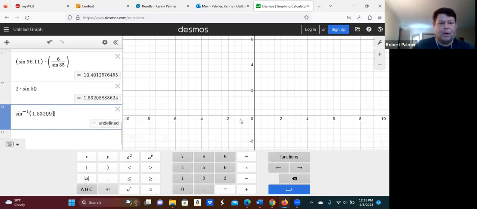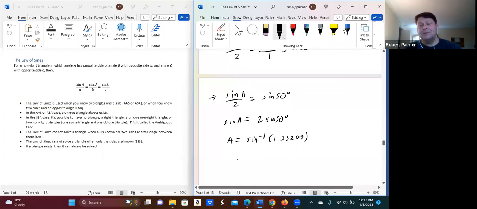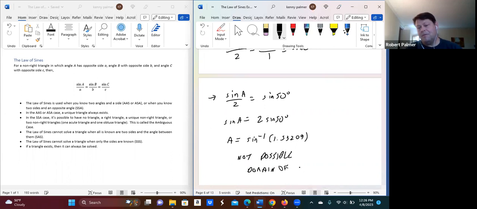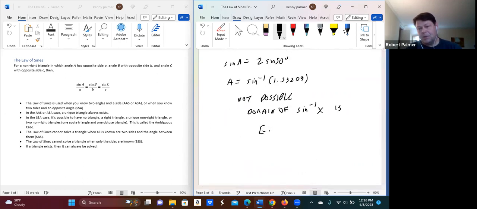Okay, what does that mean? Well, basically, the domain of inverse sine is -1 to 1. It's not undefined since it's divided by 0. It's undefined since it's out of the domain. This is not possible. So the domain of inverse sine of x is -1 to 1.